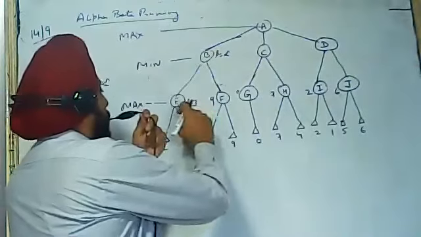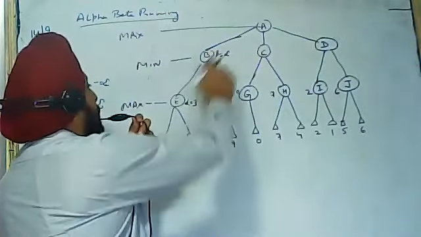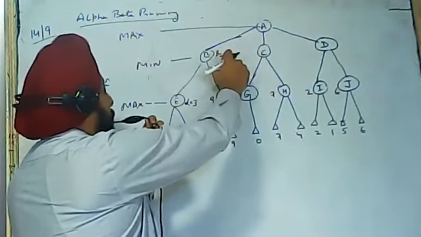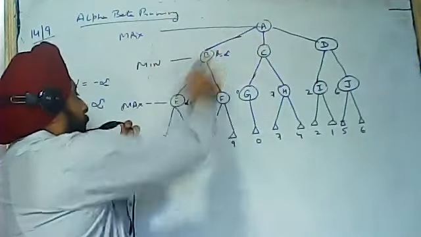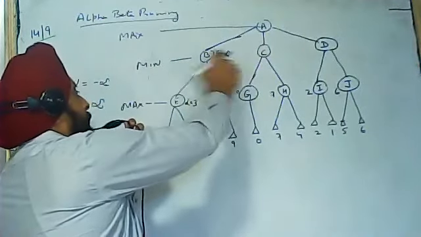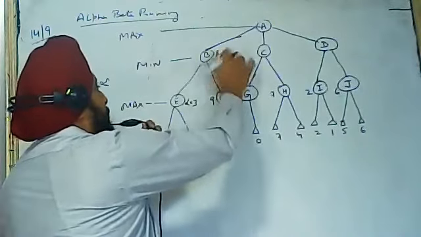So now beta can have 3 or 9. First 3 will be compared with infinity. If this value is transferred along this path, it will give 3. What is better for min? 3 is better, so it will fetch 3 now.